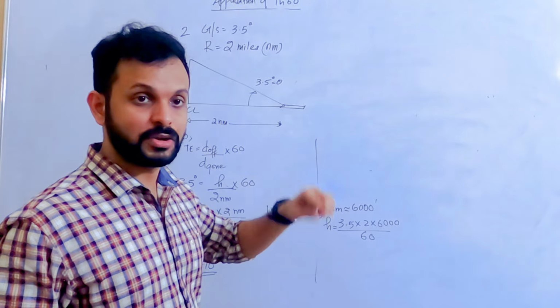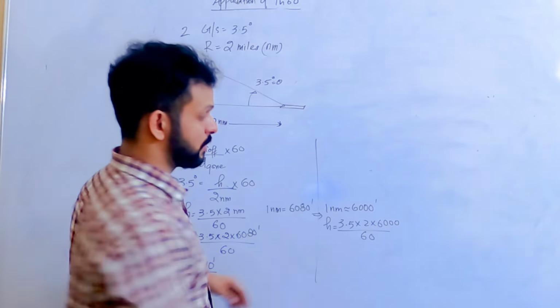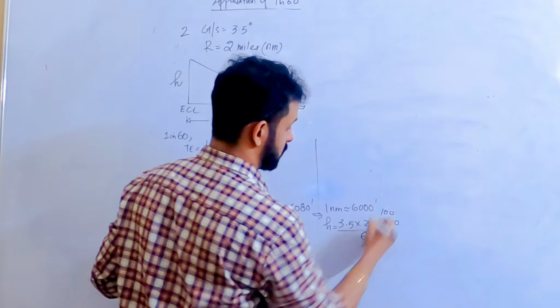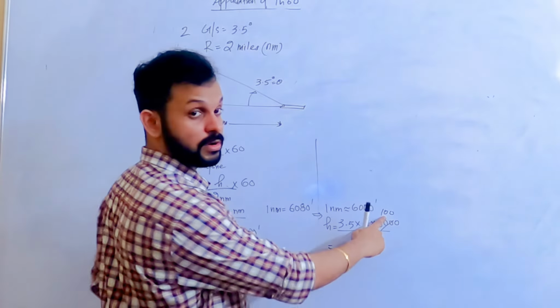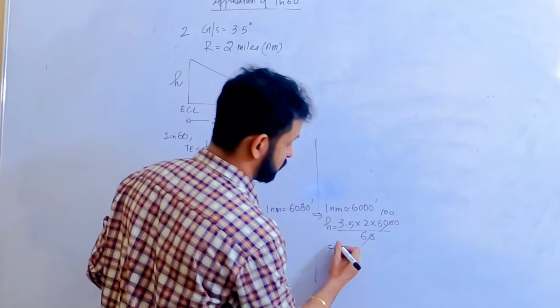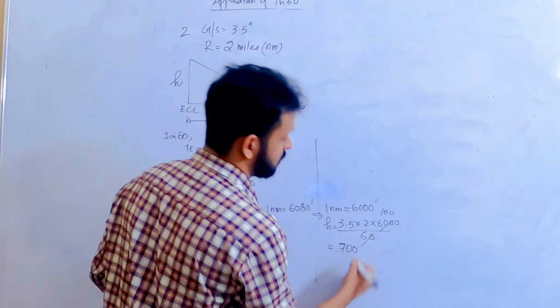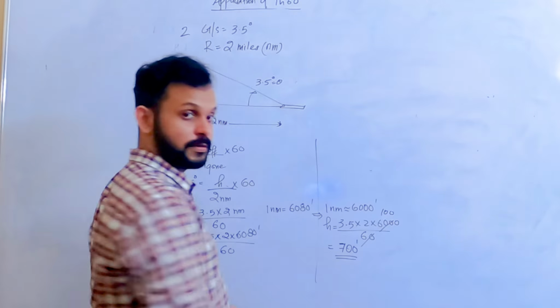Remember, 3 degree glide slope is 3 into 100. How much is it? 3.5 into 100 is 350, and 350 into 2 is 700 feet.